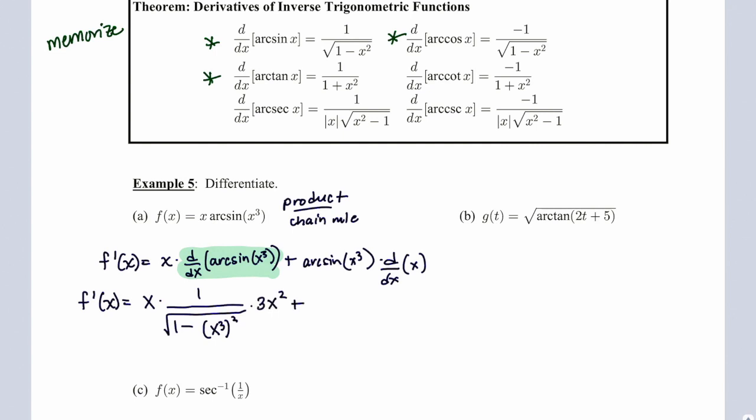Then we'll have plus arcsine x cubed times 1. So if we want to clean this up a little bit, we'll have 3x cubed over square root of 1 minus x to the 6th plus arcsine of x cubed.